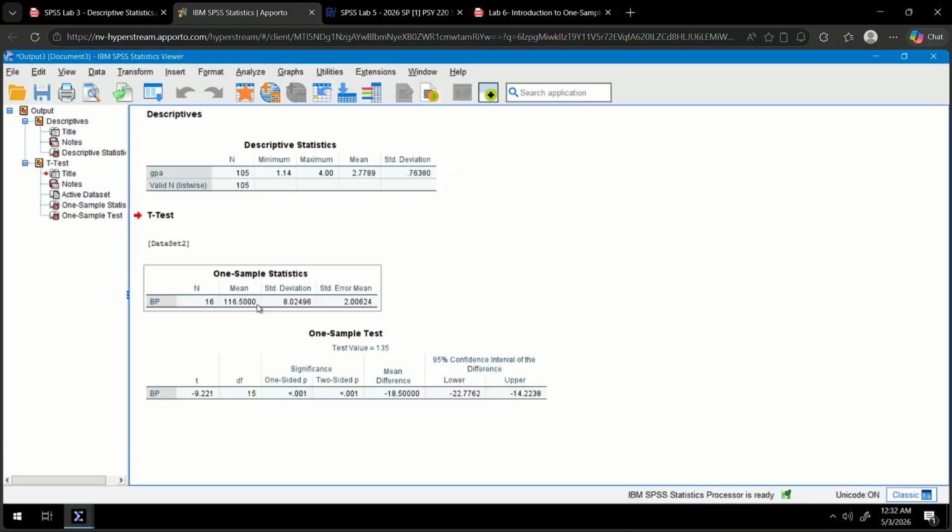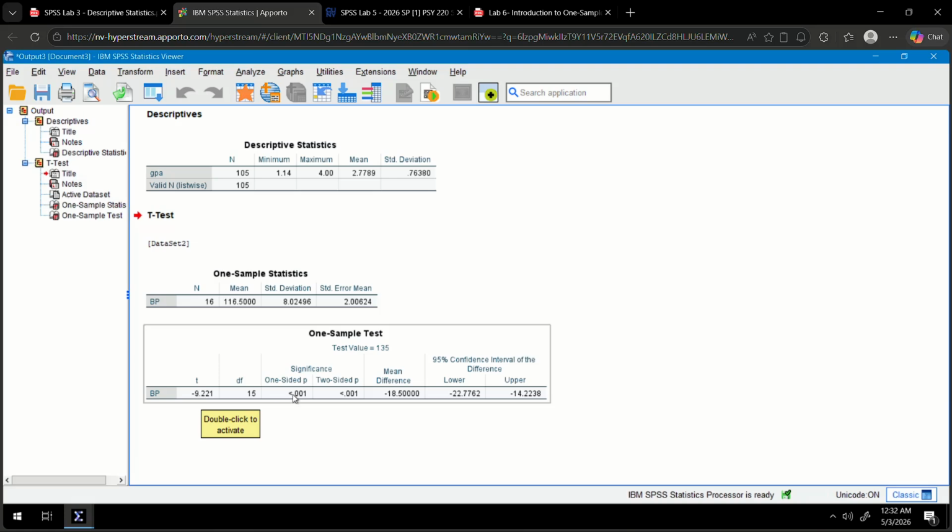So the mean of the sample is 116.5, and we're comparing it to 135. So is this mean of the sample significantly less than 135? As you can see here, we have a massively large t-value.